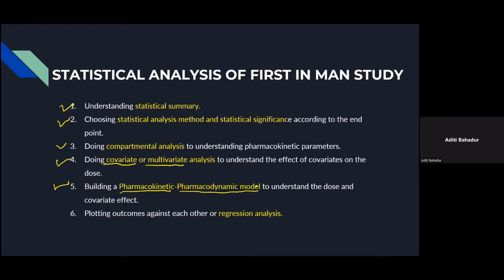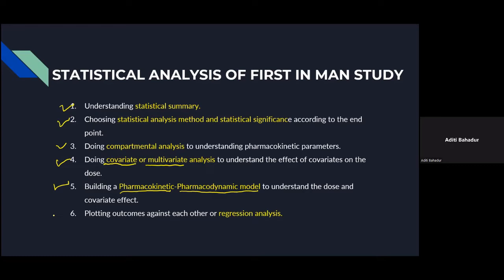Based on this finalized pharmacokinetic model, which will be further validated, we can build a pharmacodynamic model to understand the pharmacodynamics, like whether it's a direct pharmacodynamic model, an indirect pharmacodynamic model, or a delayed pharmacodynamic model.